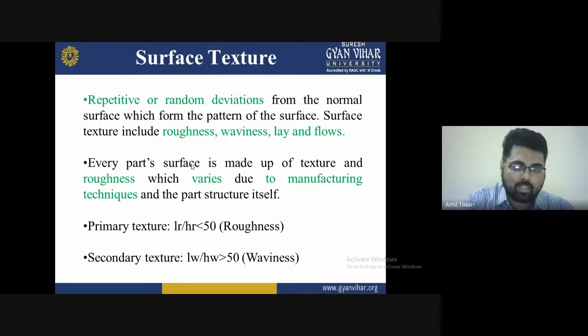Each and every surface, or sometimes only some area of the part itself, can be measured by a surface roughness tester or any other instrument useful for measuring surface roughness. If the ratio is less than 50, it is known as surface roughness, and if more than 50, it is considered waviness. These are the conditions we obtain for the surface.